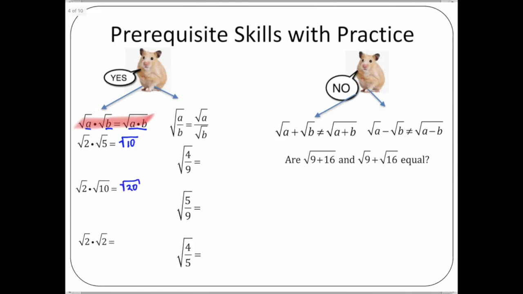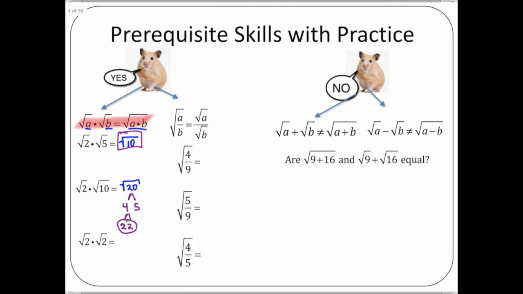Now, one of the things we have to check for in both of these is, can I break them down? A 10 only breaks down into the 5 and the 2 that we had, so I can't pull out any doubles, and I just leave it simplified as is. However, with a 20, I get a 4 times 5, and a 2 times a 2.